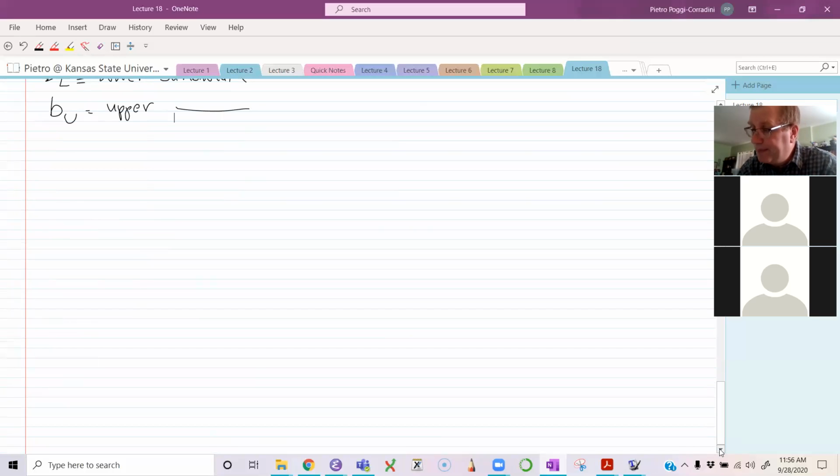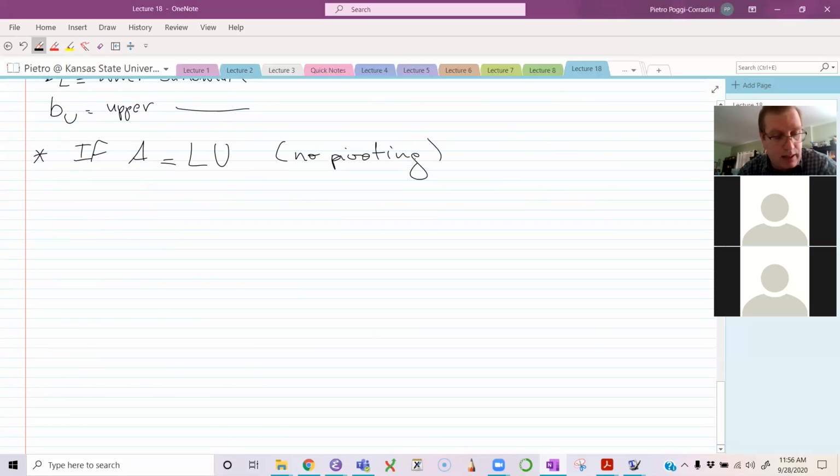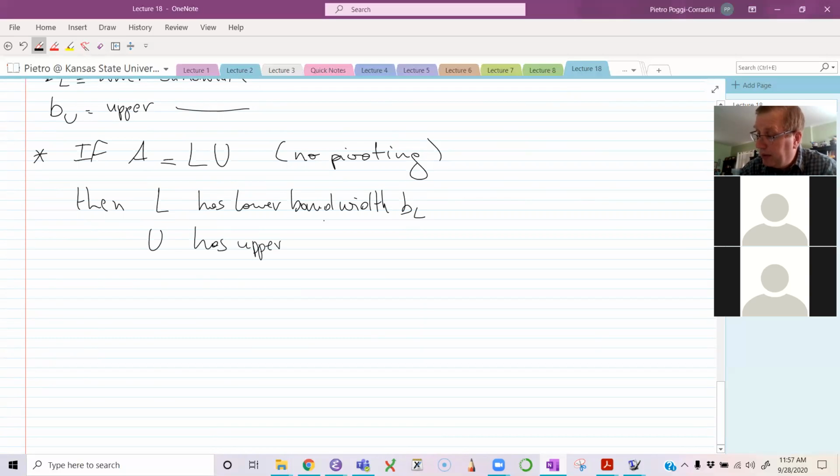If, for instance, A has an LU factorization, so no pivoting, then it's actually not hard to see that L will have the same lower bandwidth, and U will have the same upper bandwidth.